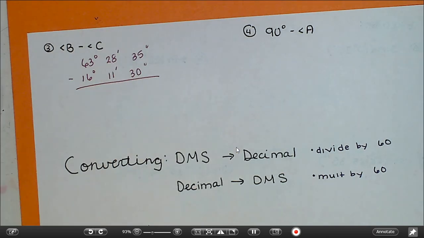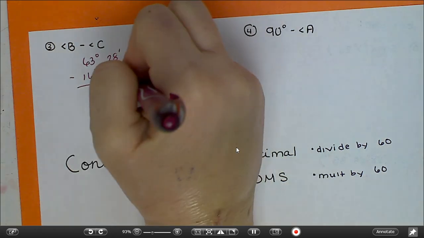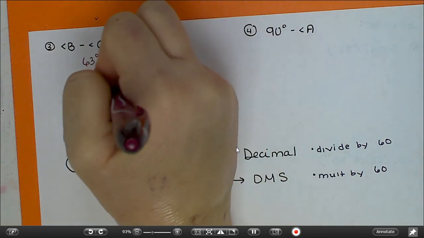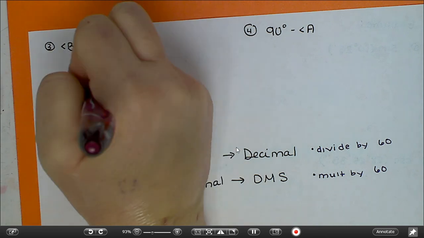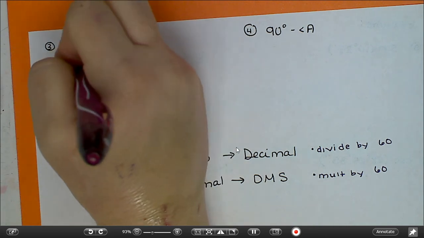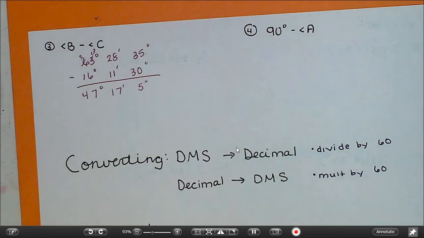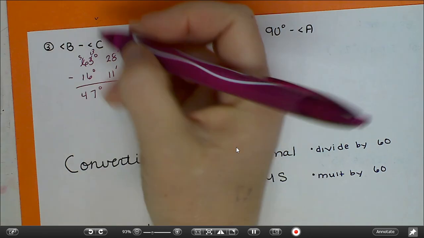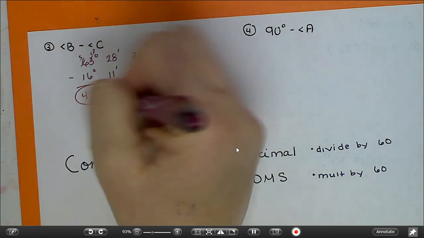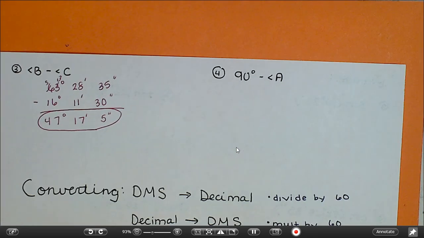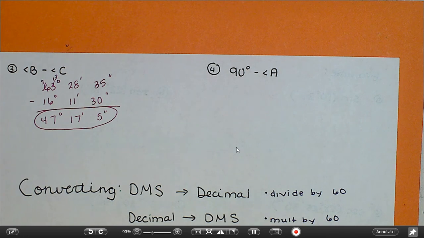The top numbers are bigger than the smaller numbers, so we can just straight subtract. So 47 degrees, 17 minutes, 5 seconds. All right, try number 4, pause the video, and then come back when you're done.